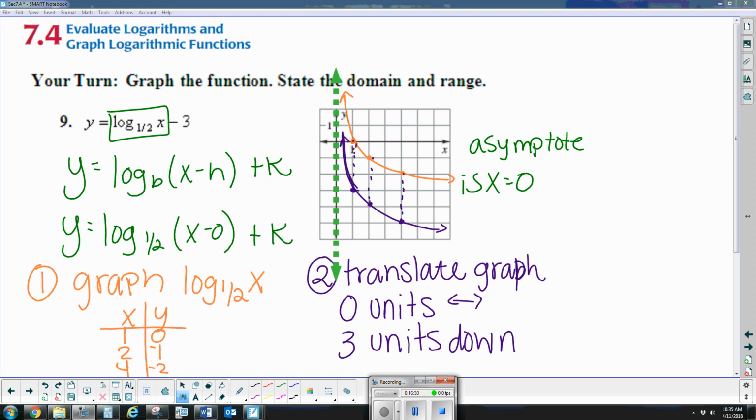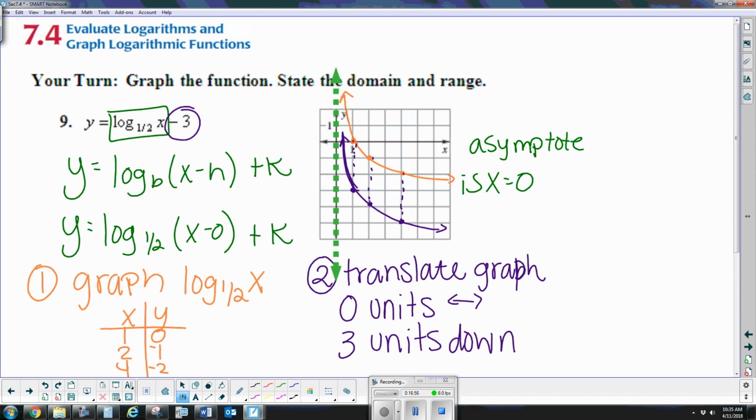Now your h value is 0. So that means that your asymptote does not change. You still have that vertical asymptote of x equals 0. And you can see that by that dotted green line on the graph. That's my asymptote. But we do have to translate the graph 3 units down because our k value is -3. This is our k value right here.